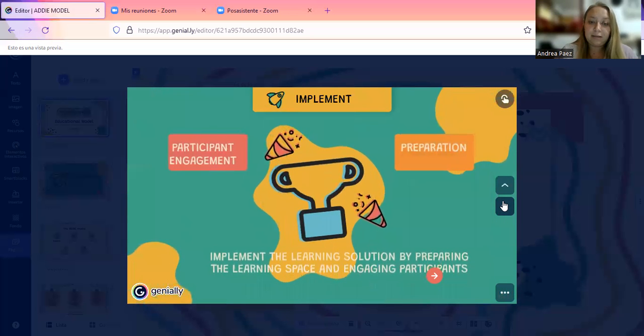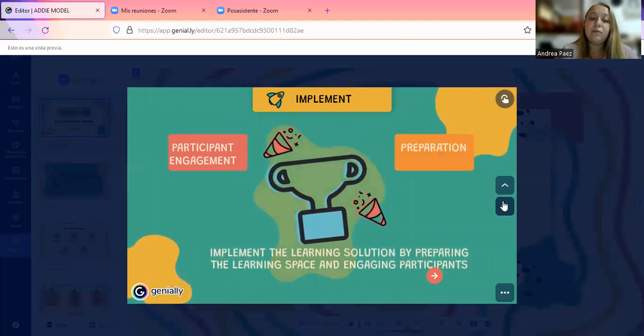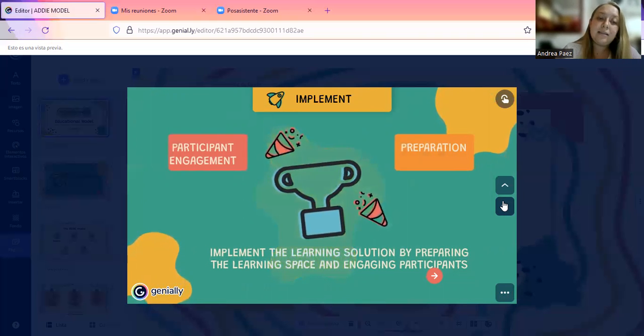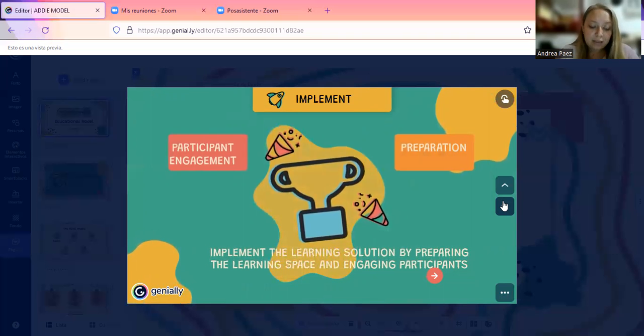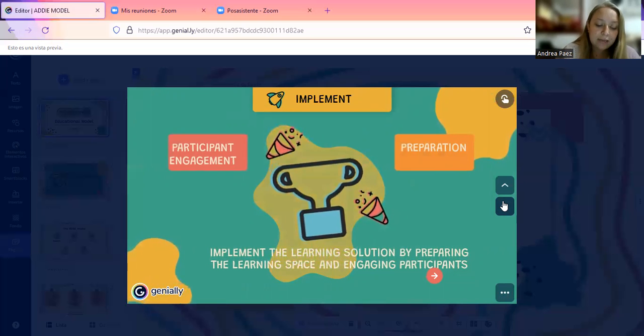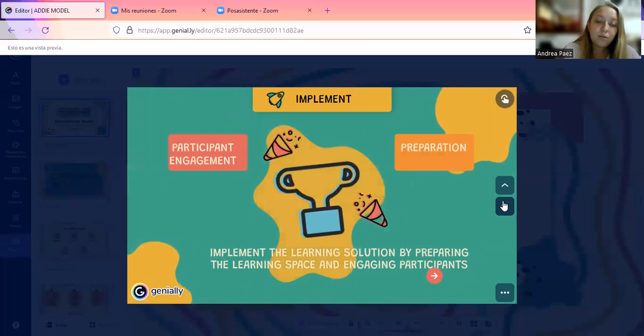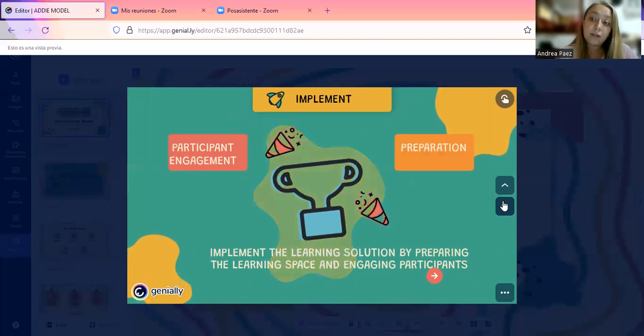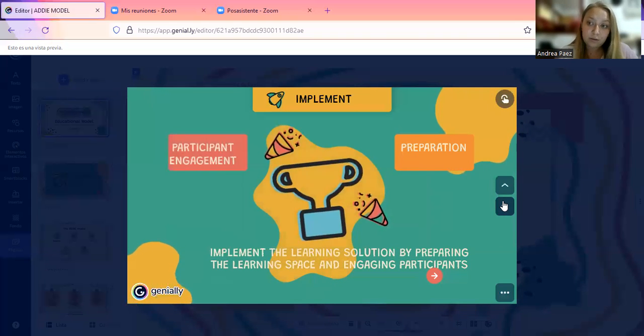Next, implement. We are going to talk about implementing the learning solution by preparing the learning space and engaging participants. Participant engagement is important. It starts first with the enrollment of the students and then continues with the pre-course communication and the interaction with the new learning resources.